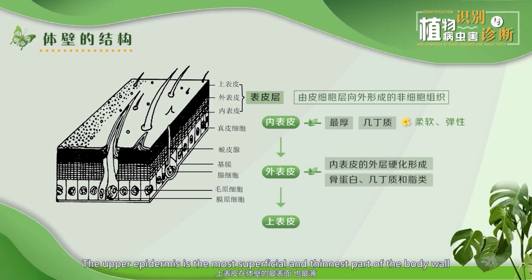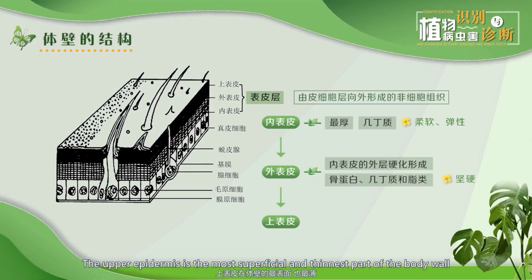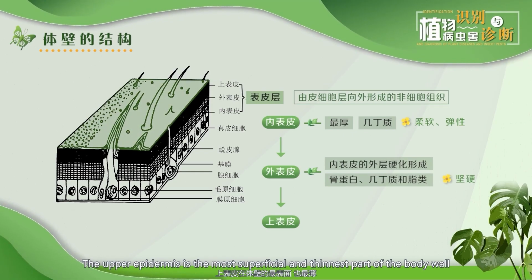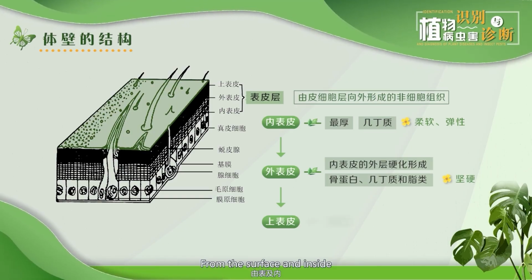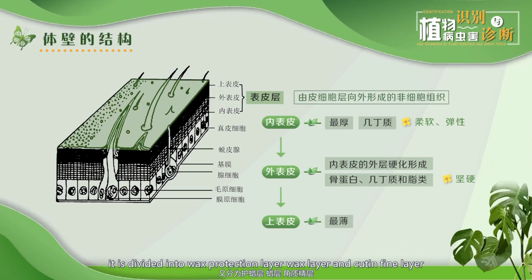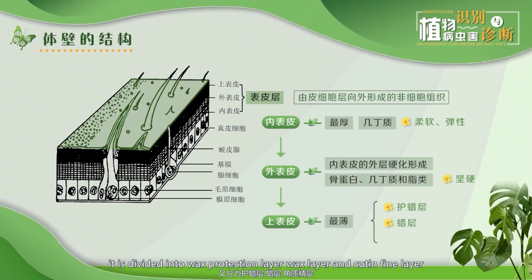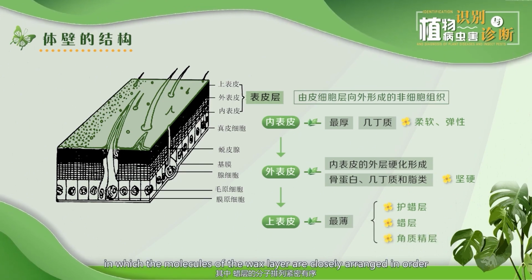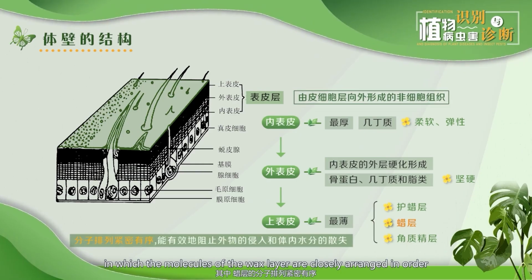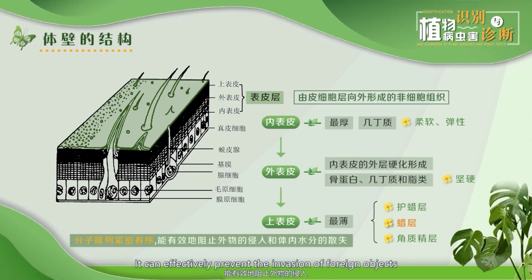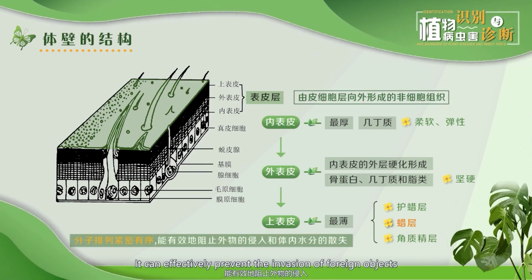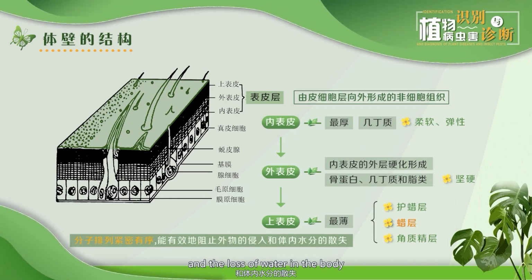The upper epidermis is the most superficial and thinnest part of the body wall. From the surface inward, it is divided into wax protection layer, wax layer, and cutin fine layer, in which the molecules of the wax layer are closely arranged in order. It can effectively prevent the invasion of foreign objects and the loss of water in the body.